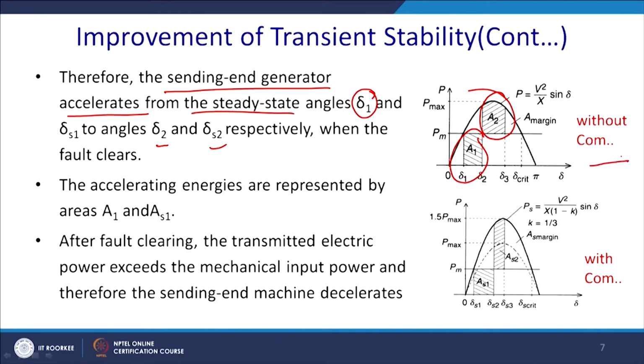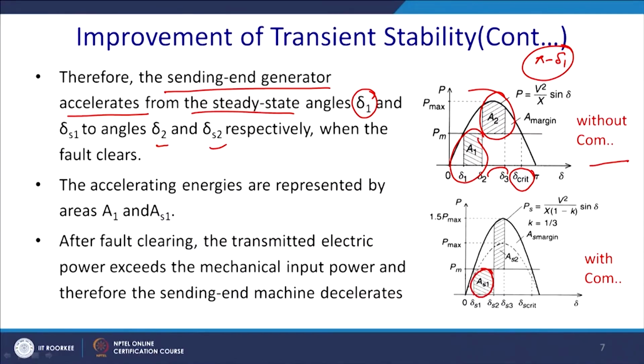This is without the series compensation. Thus, we require to compensate the critical angle delta critical, and the value of delta critical would be pi minus delta 1. So, you have to compensate within that limit.